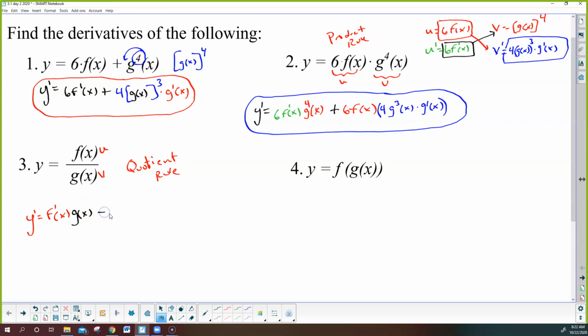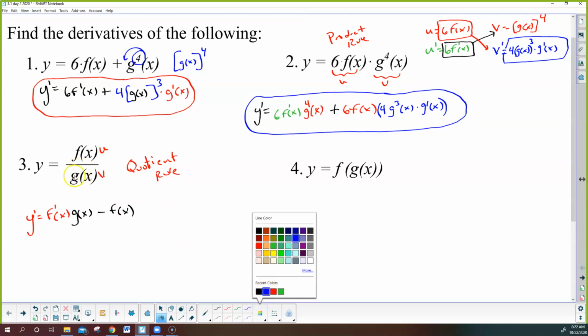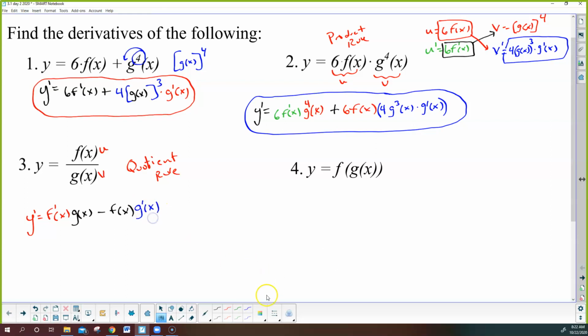And then we always subtract. And then it's the original first times the derivative of the second, or the bottom. The only thing that makes the quotient rule different than the product rule is its subtraction, and we have to divide by the original denominator squared. And you could put the 2 here, or you could put it right in there.